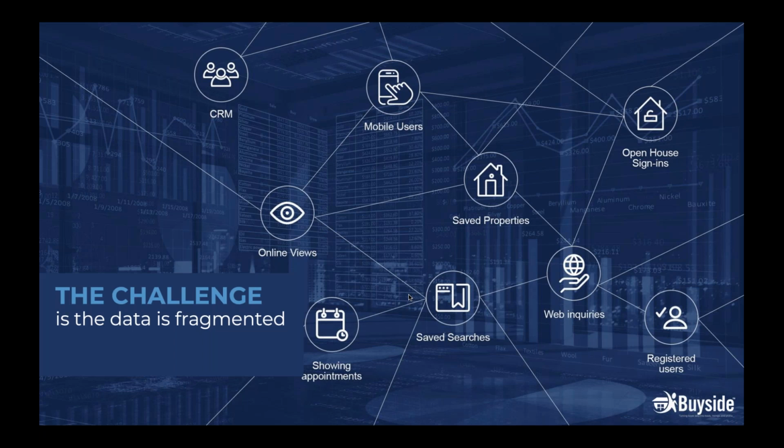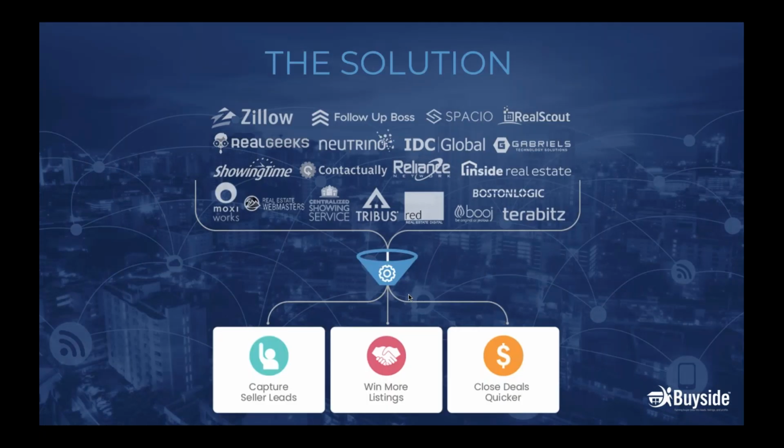And what's great is that Buyside has taken the guesswork out of using those tools, because we take all the information from those tools and we put it in a usable place. In fact, that's one of the things we're talking about today: we have information in two different places, in Moxie and in Buyside, and we're showing you that you can use that in one specific place. So we can go to one place and use the Buyside buyer data with your MoxiWorks CMA and make a world-class listing presentation.